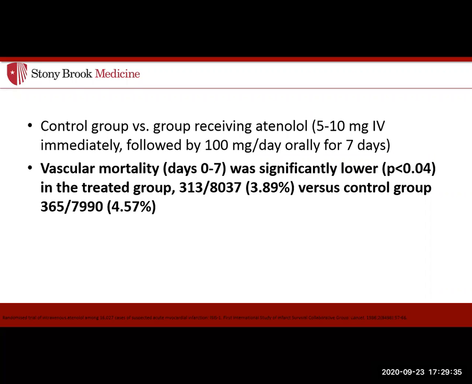What was very significant about this trial was that they found that vascular mortality within the first week was significantly lower in the treated group versus the control group. That's why when we want to start beta blockers on patients who are post-MI, we want to try and do that within the first 24 hours if indicated, because this study directly showed improvement in vascular mortality in a short amount of time.